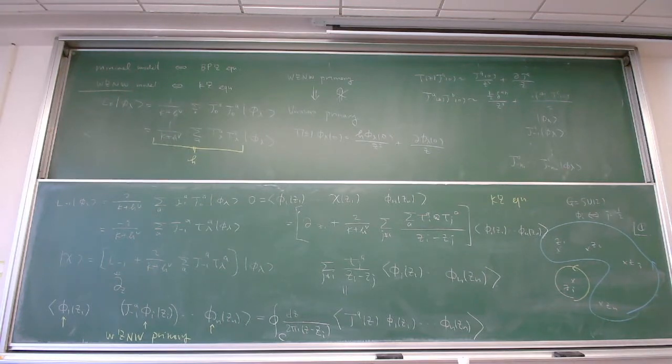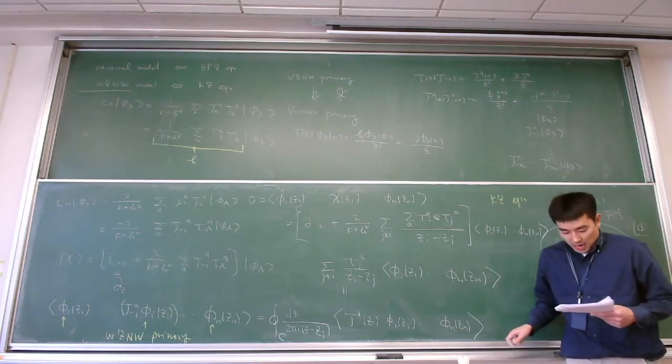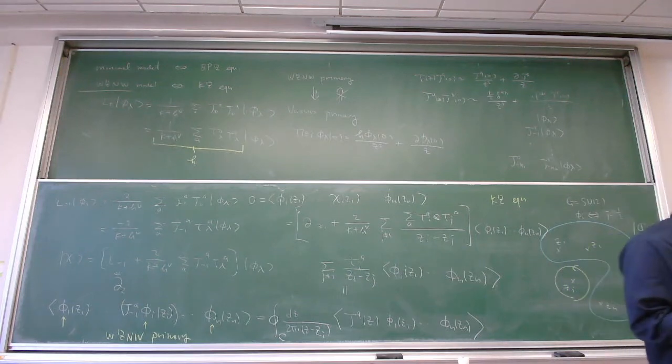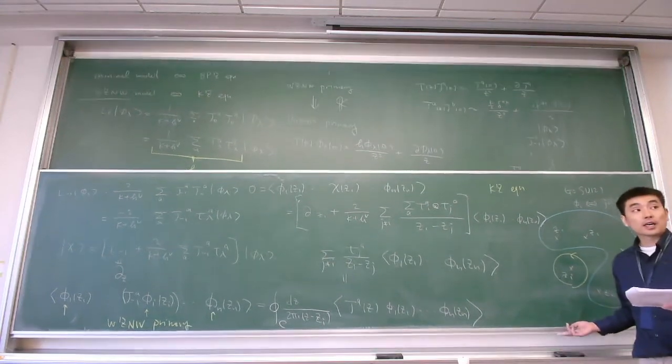This homework is the last homework. I'm not going to create homework for the integrable models on the lattice. Anyway, that's the KZ equation.